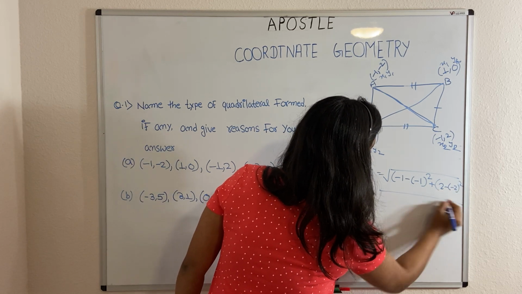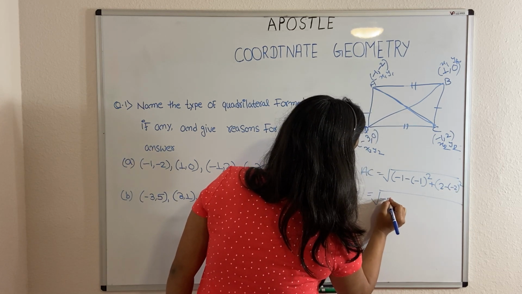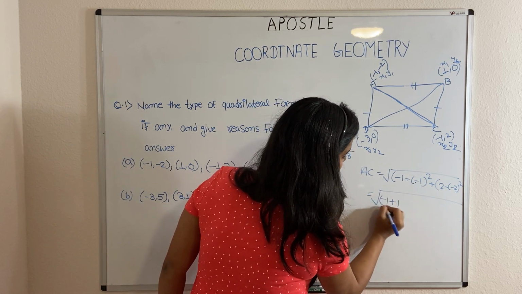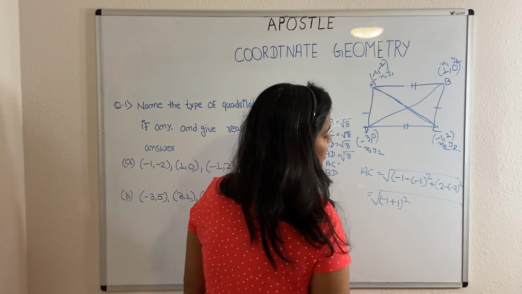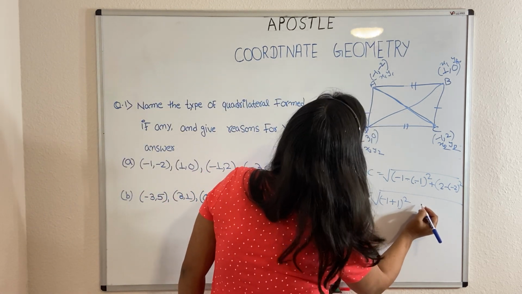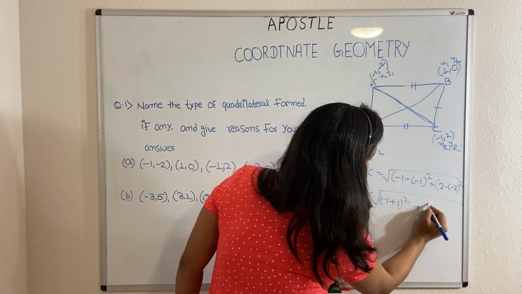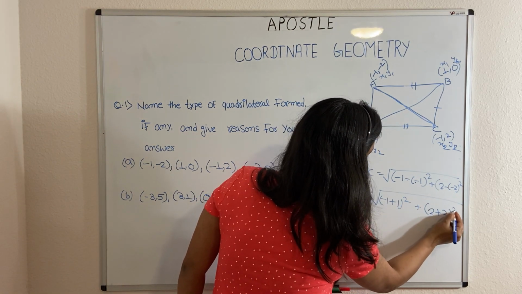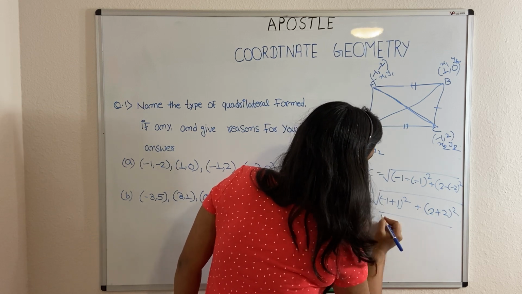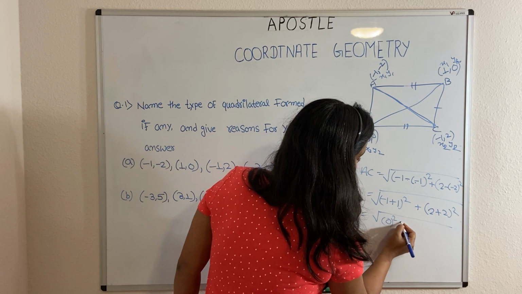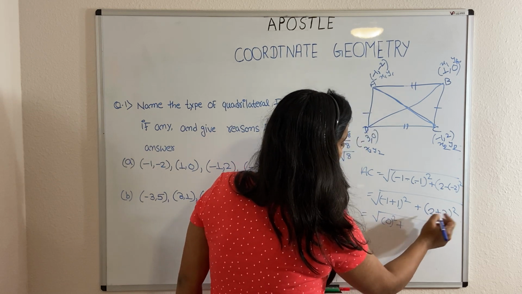This is really very important. First of all, minus 1 minus minus is plus, so this is plus 1 whole square. So minus 1 plus 1 is going to cancel out, and here is 2 minus minus 2, that is plus 2. So minus 1 plus 1 cancels out, so here is 0 square, and here 2 plus 2 is 4.